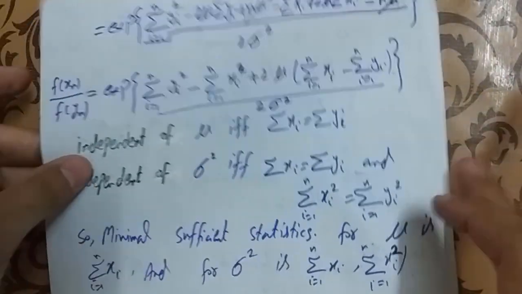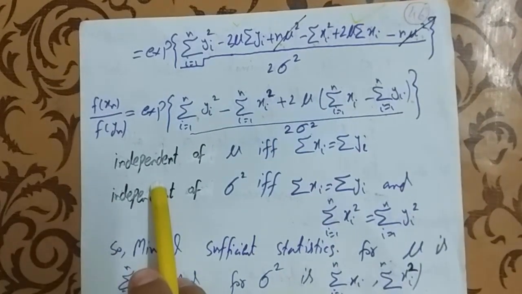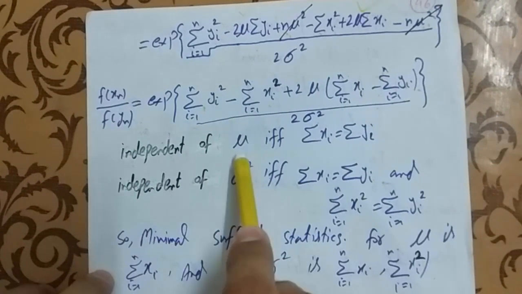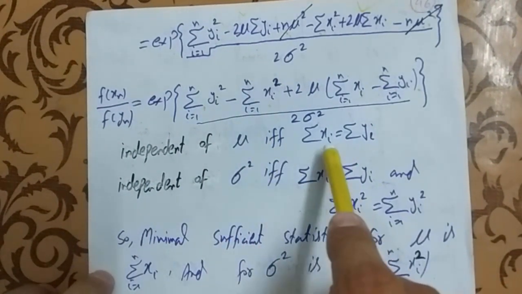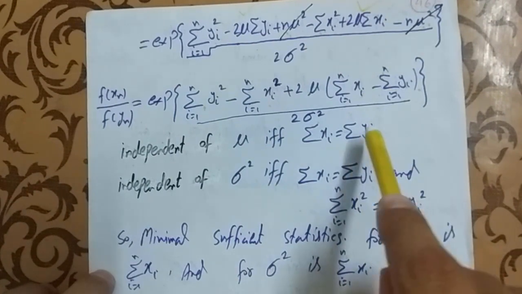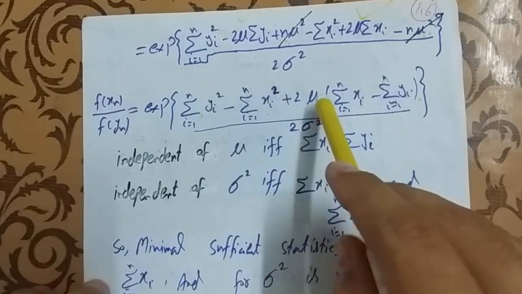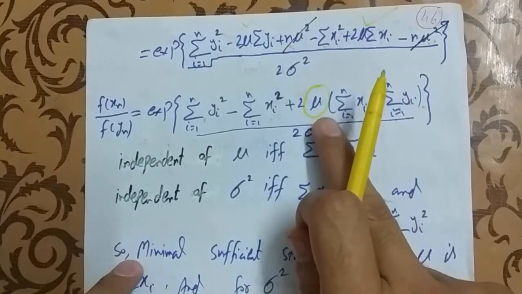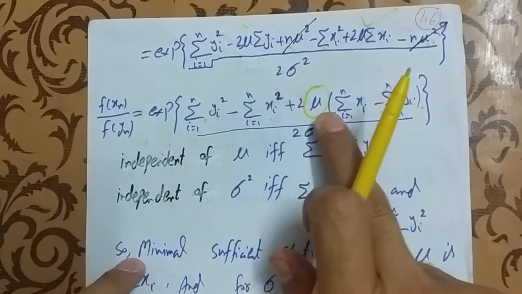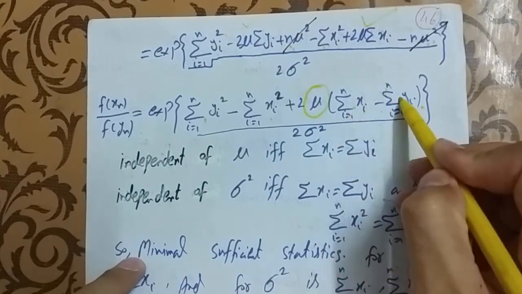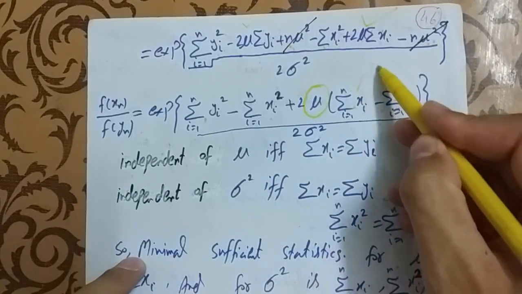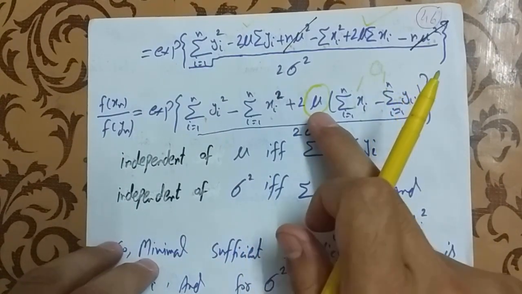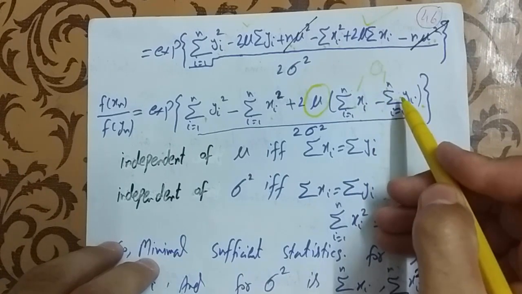Now in this example, this factor is independent of mu if and only if the sum of xi is equal to the sum of yi. Here mu comes in this expression, and if these two factors are equal to 0, then mu also is equal to 0. So we make these two factors equal to 0.